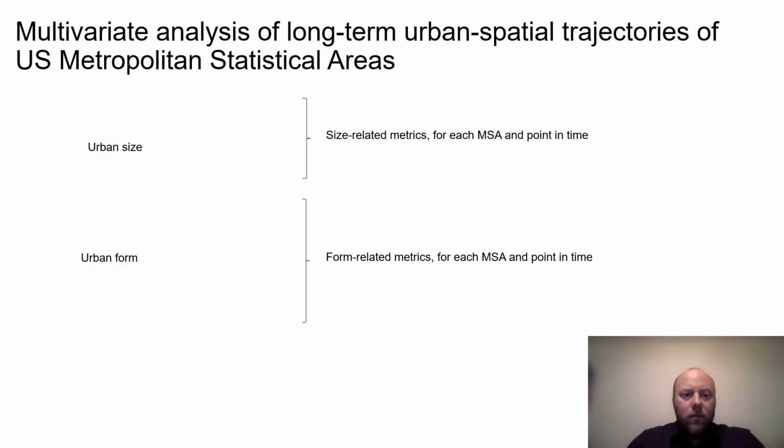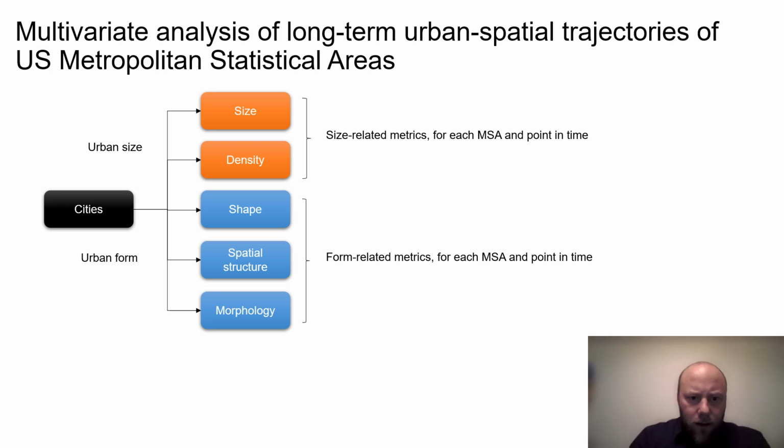So what we did, we not just visualized urban growth for each city, we also want to conduct a multivariate analysis of long-term urban spatial trajectories of US metropolitan areas. Yeah, the animation here is a little bit messed up.